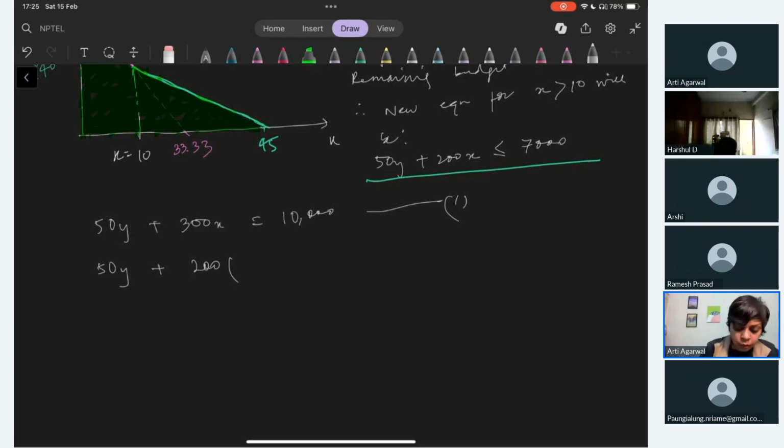So you can write this. It comes out to be the same thing if I write 200x minus 3,000. That value is okay. I'm just not convinced about writing this equation in this way, because it's not clear if you're referring to x after including x equal to 10 or without including x equal to 10.